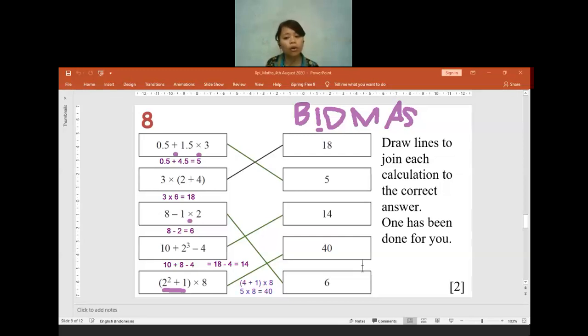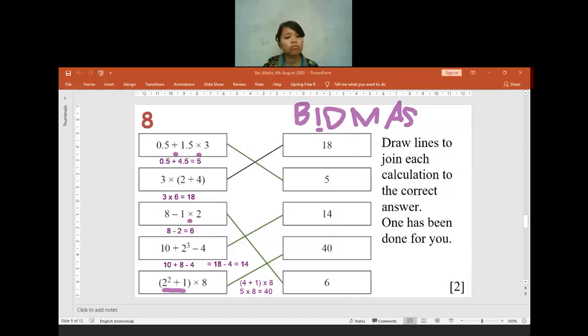Is there anyone who is confused so far at question 8? Please feel free to ask whenever you have any confusion. There is an option to chat with me privately through the chat box, or you can unmute yourself. Pick either one, it is okay. Before I continue to the next question, is there anyone having any difficulties or questions regarding question 8?